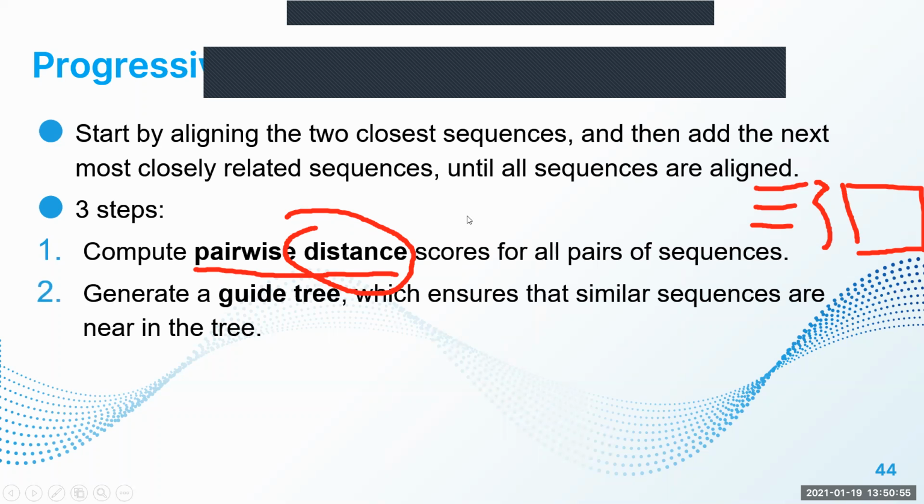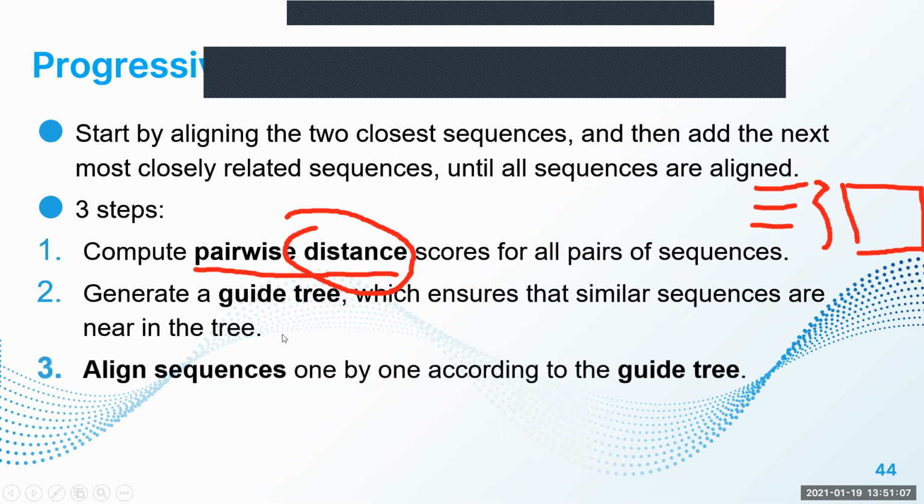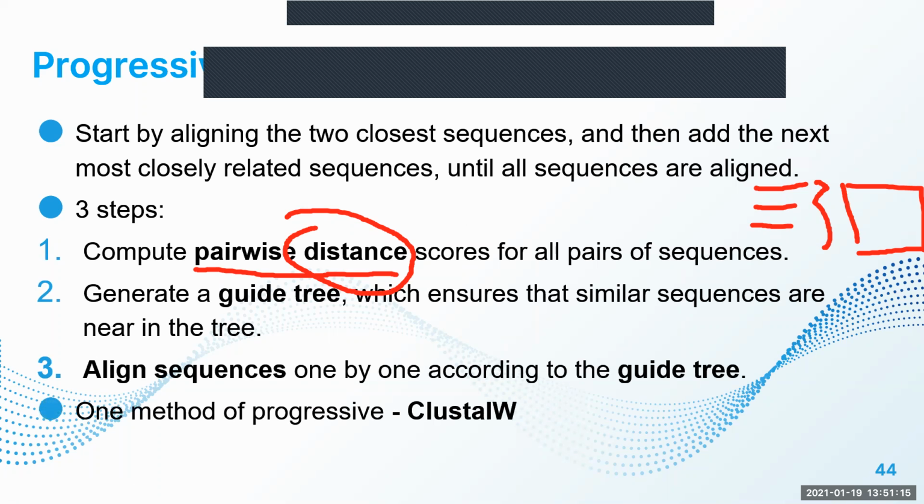Then you generate a guide tree. It's like a phylogenetic tree, based on how similar these sequences are. I'll show you an example. Then finally we align all the sequences based on that guide tree.